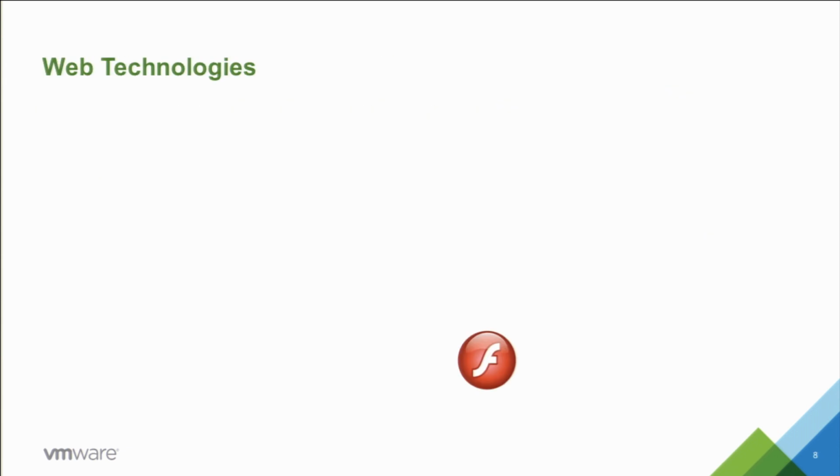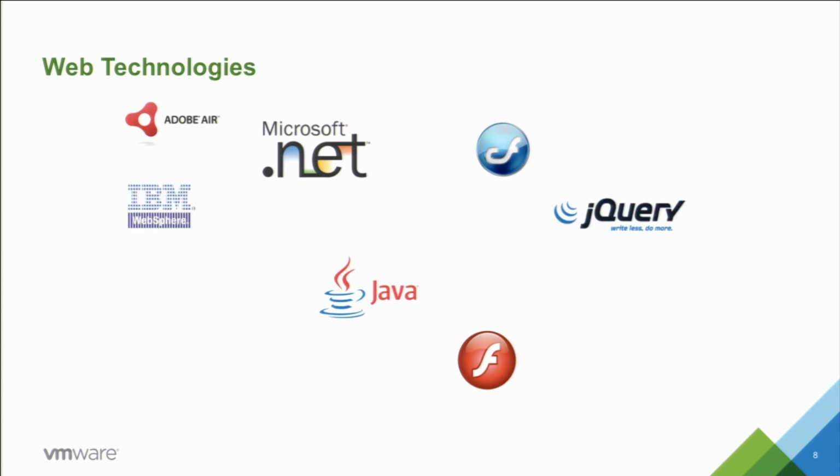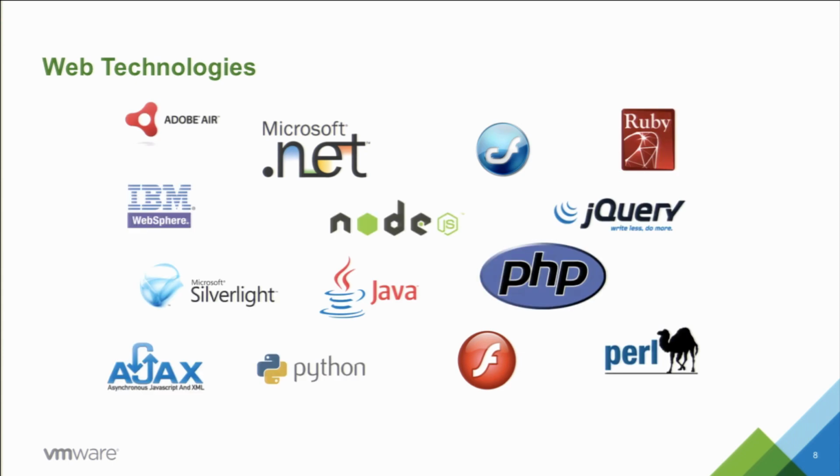Let's talk about what web technologies have been created over the years. We have Flash, we have .NET, Cold Fusion, Java, jQuery, Perl, Ruby, Ajax, Adobe Air, you name it. The number of web technologies that have been developed has created this ecosystem where there is no standard web development language. Now, today you could argue that Ruby and Python and JavaScript are leading or dominating web development technology, which is absolutely true.